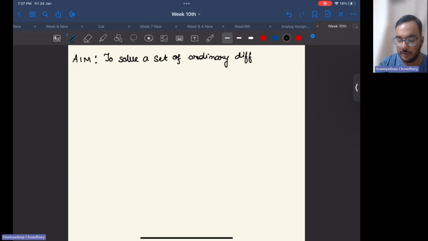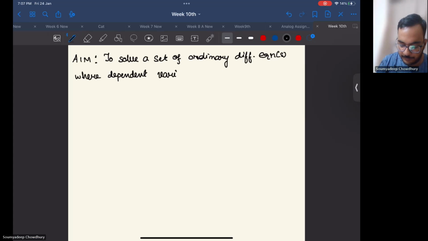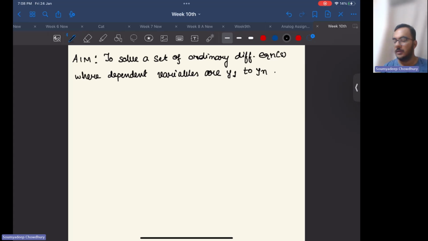We are looking into ordinary differential equations where there are two variables in a differential equation: one is the dependent variable, the other is the independent variable. Here the dependent variables are y1 to yn.